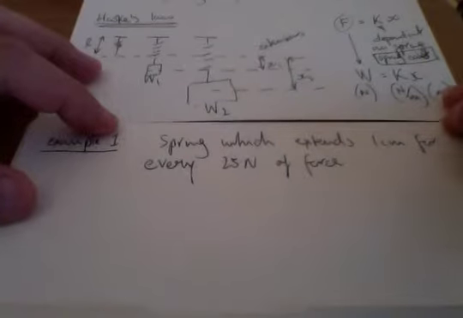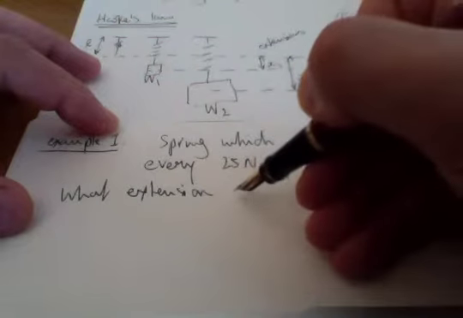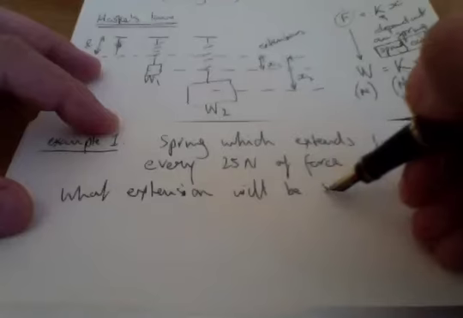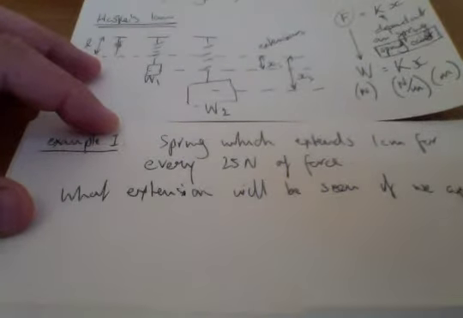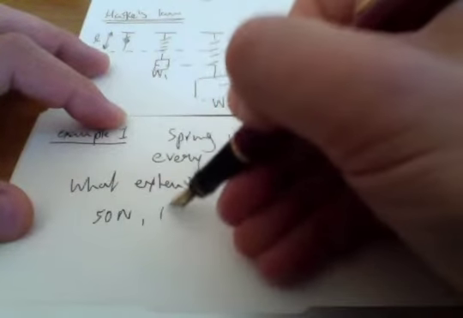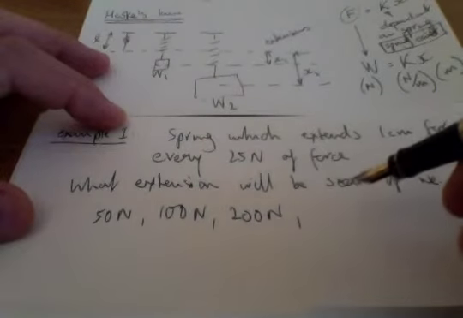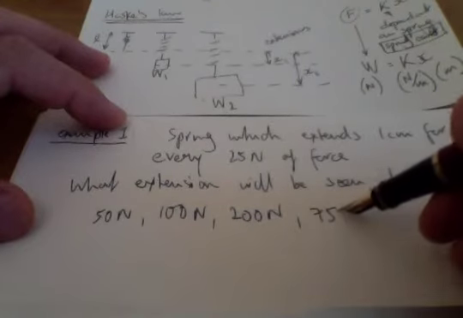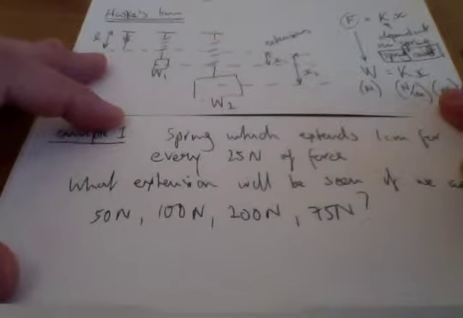So that's defining the spring. What extension will be seen if we apply 50 newtons, 100 newtons, 200 newtons, or how about, let's look for 75 newtons. If you think you know, hit pause, and otherwise I'm going to go through the solutions right now.